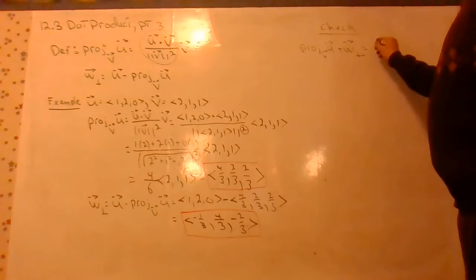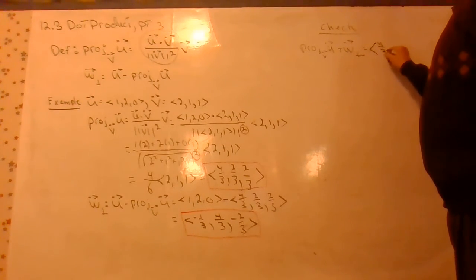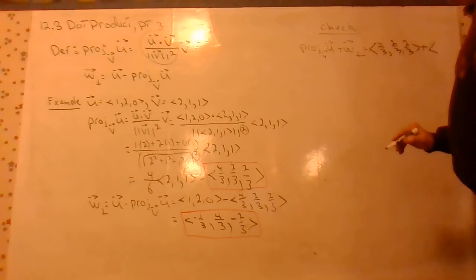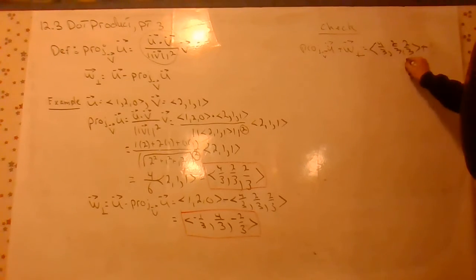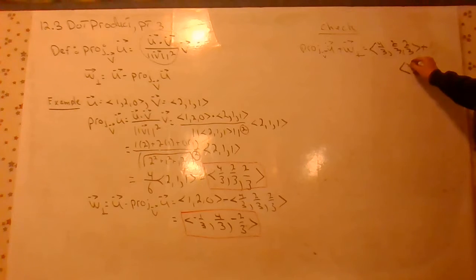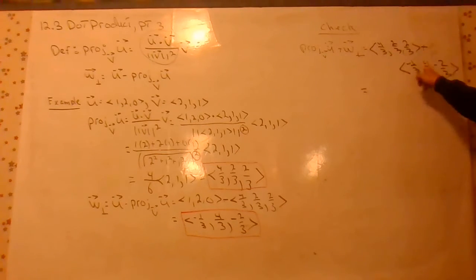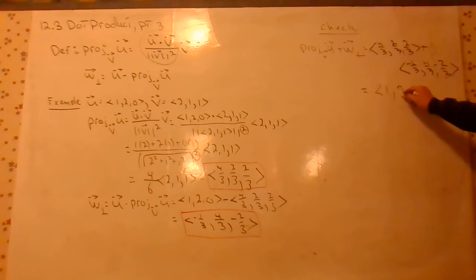Our vector projection is 4/3, 2/3, 2/3, plus, let me come down below here, I ran out of space, negative 1/3, 4/3, negative 2/3. And that's equal to 4/3 minus 1/3 is 1. 2/3 and 4/3 is 6/3, which is 2. And 2/3 and minus 2/3 is 0.